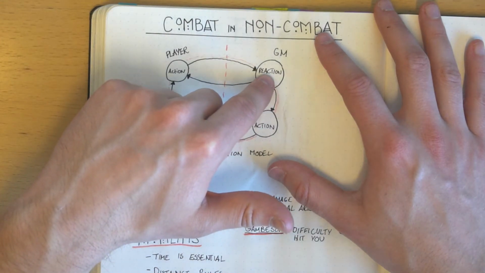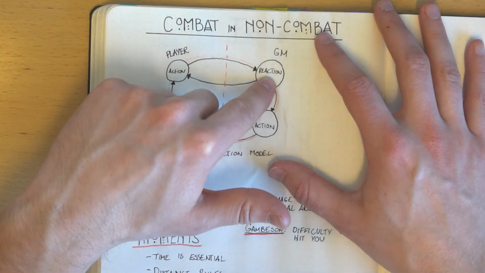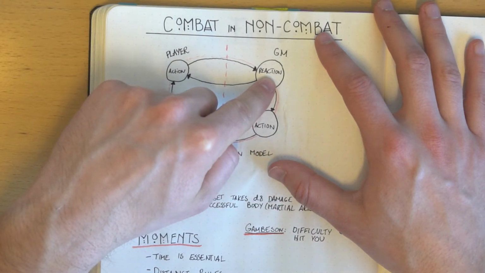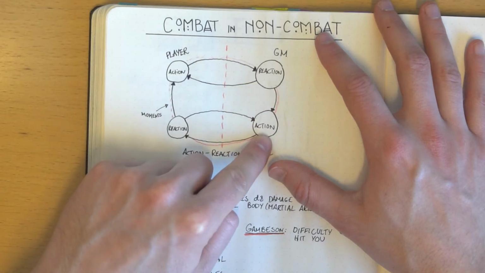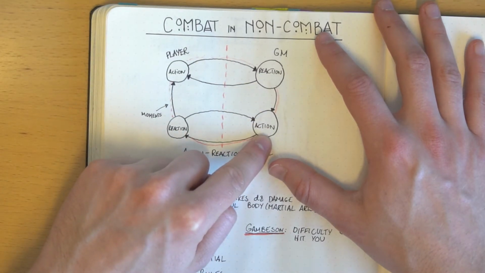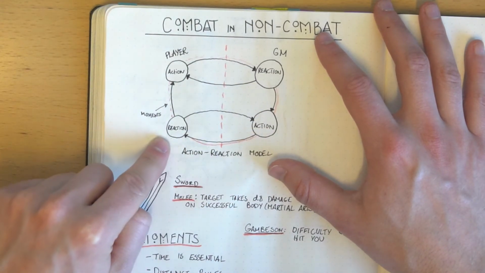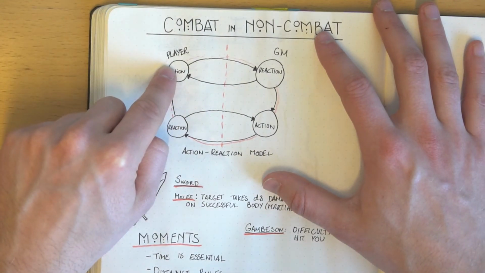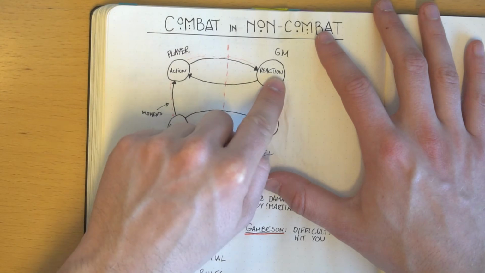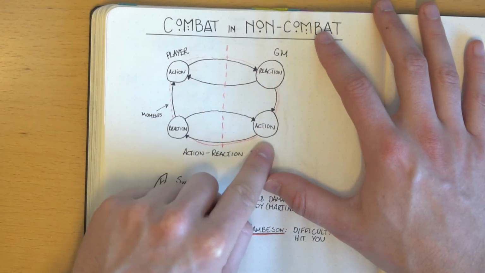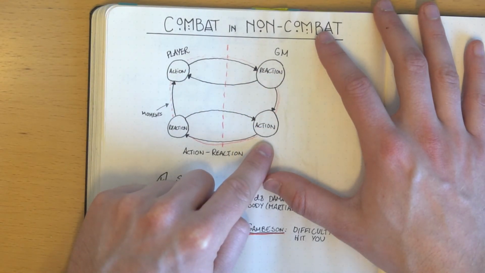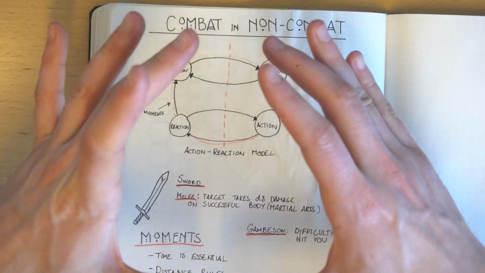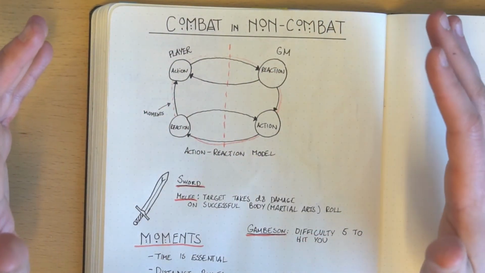And then at some point the monster has the initiative, and then they say, okay, the monster attacks you, you take damage, what do you want to do? I attack it, the monster takes damage, it attacks back, and so on. So this here is how combat works.